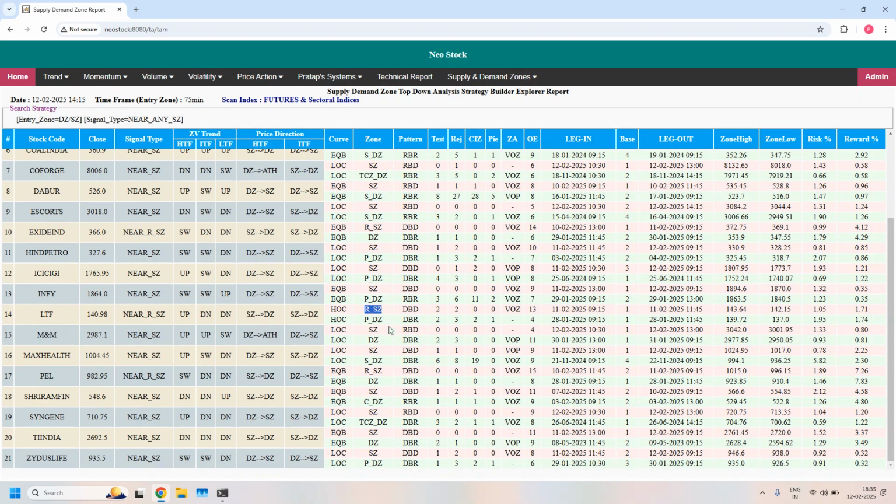Actually, we got a trade in this stock today. PEL is having a high liquidity 75 minutes supply zone. That's it. We have identified 6 high liquidity 75 minutes supply zones from this list.